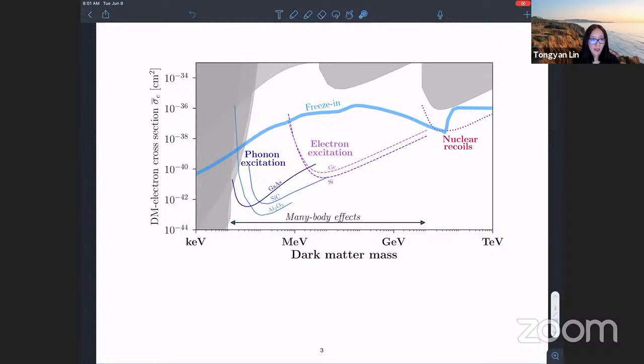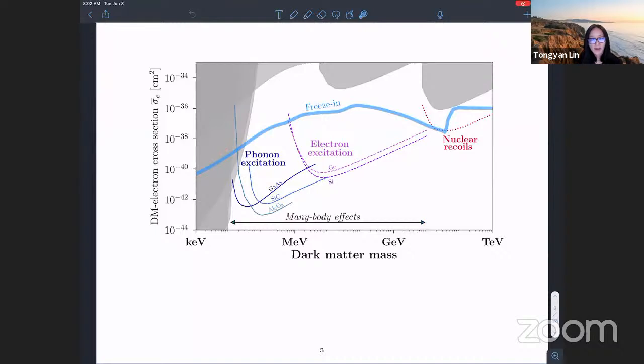And so last time I promised I would say a little bit more about what kind of models we're actually looking for. So I'll do that now. What we covered last time was already the kinematics of why these kinds of excitations would be better. And now let's discuss a little bit the models that might live in this parameter space. In particular, you see this blue line.